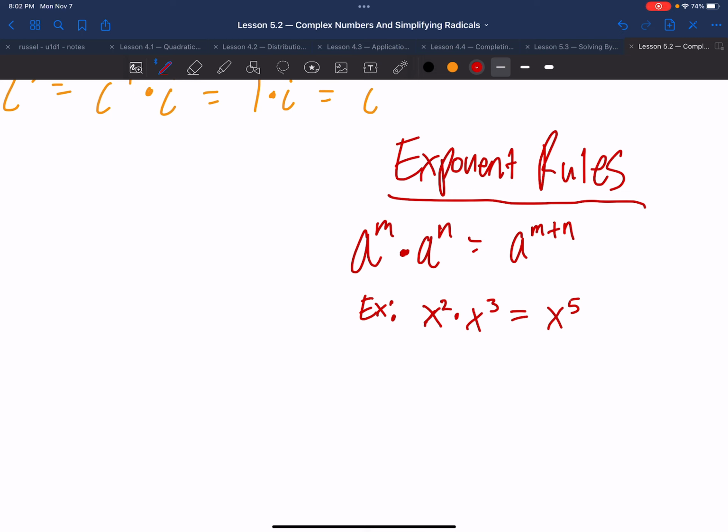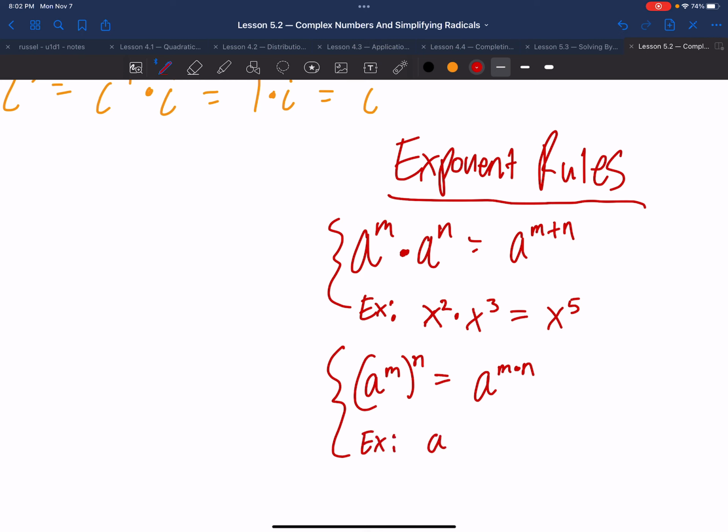The other rule is a to the m raised to the power of n equals a to the m times n. So for example, x squared, then that quantity cubed is x to the 6, because it's 2 times 3.